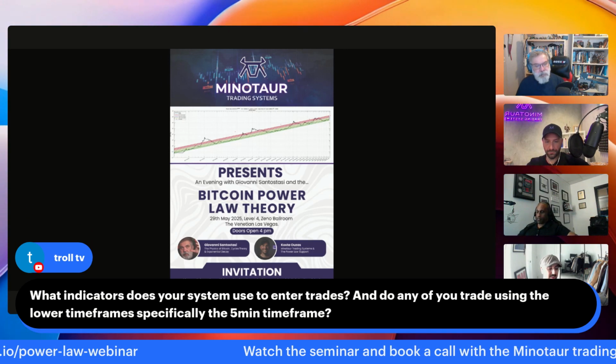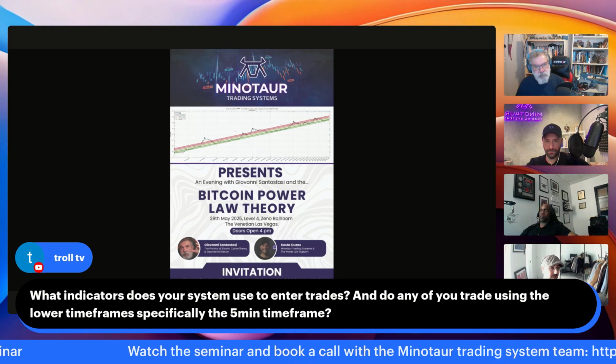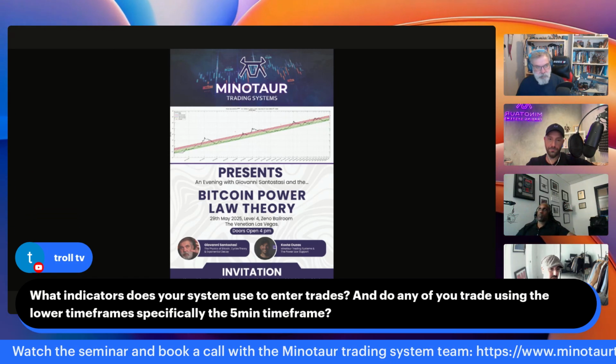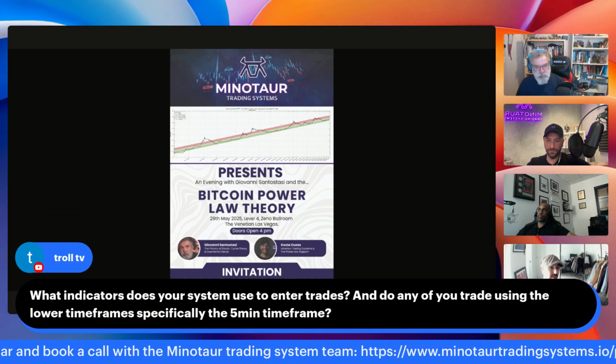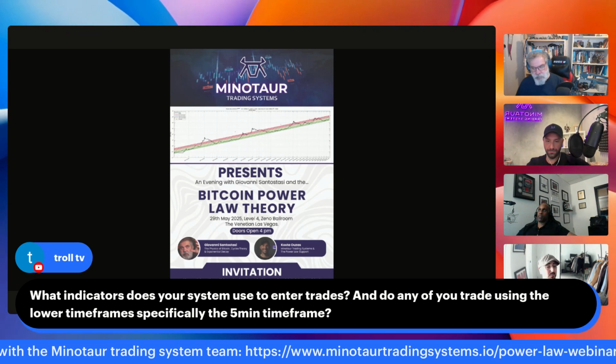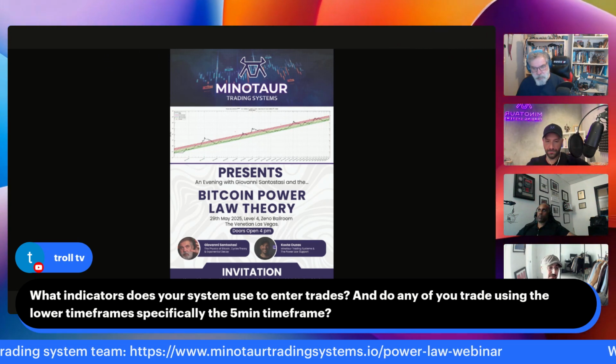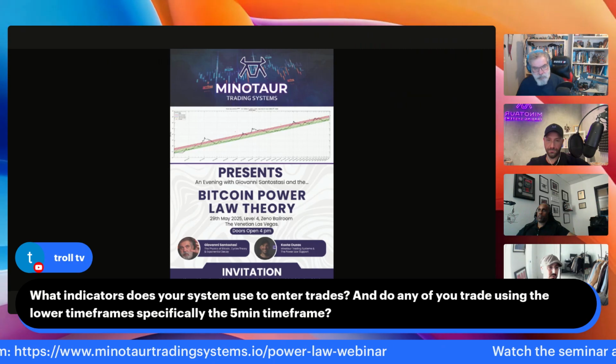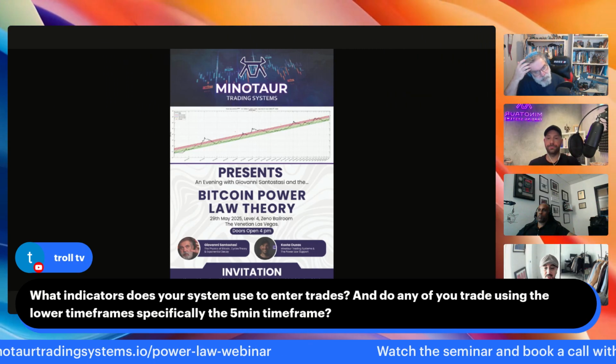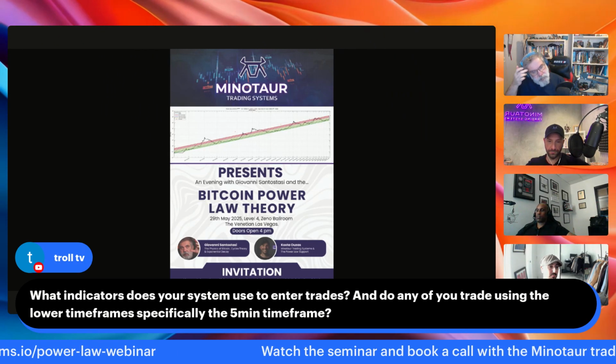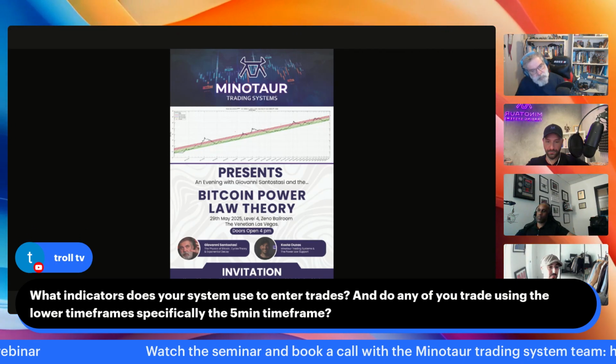To make it clear, our system can efficiently run on most timeframes, but there are advantages to running it on higher timeframes, like you would see in traditional trading models, and advantages to running it on lower timeframes. If that's something you're interested in, please book a call with our team. We'll go into deep details about everything with you.